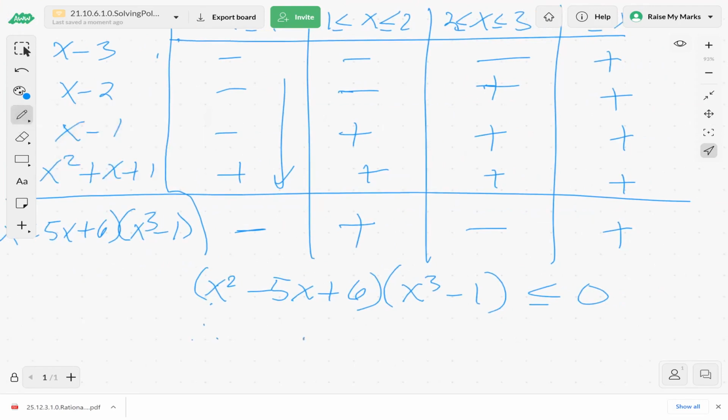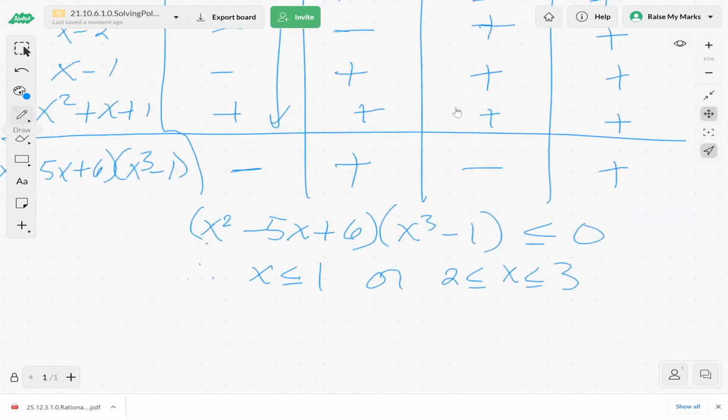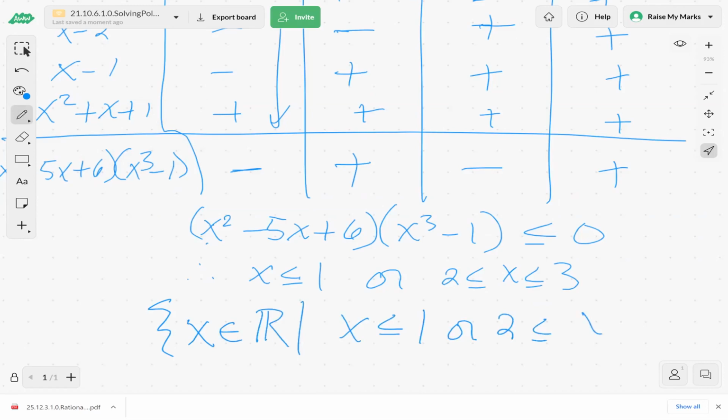So therefore when x is less than or equal to 1, or when x is between 2 and 3. There's another way to write this, which we didn't do earlier in the previous examples. You can also write this as the set of x values that are part of the real numbers, such that x is less than or equal to 1, or x is greater than or equal to 2 and less than or equal to 3.